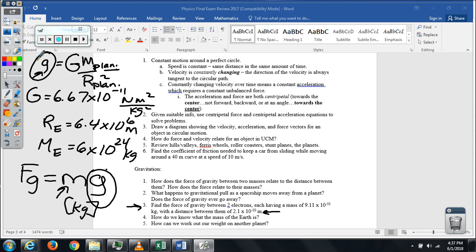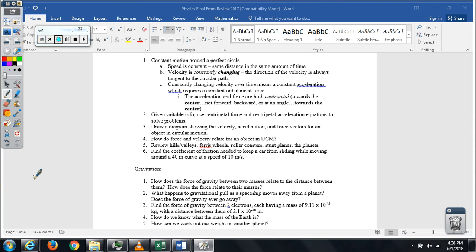Now the other thing that I didn't put on the review that we've talked about in this unit for gravitation is Kepler's third law. And that comes from the fact that for a planet going around the Sun, the centripetal force is equal to the gravitational force.